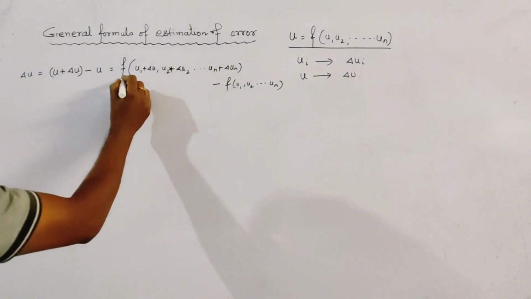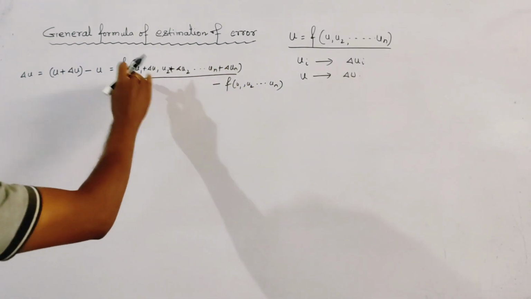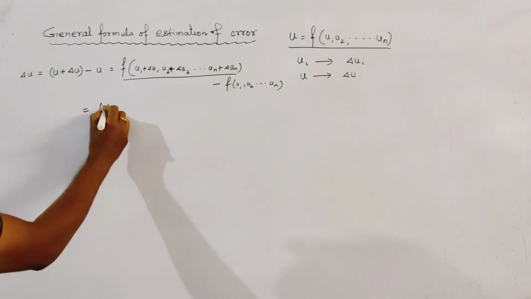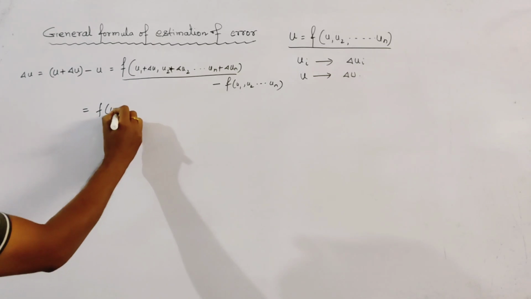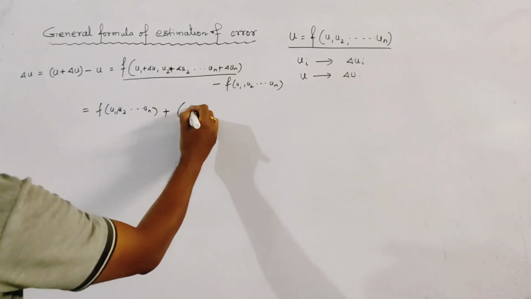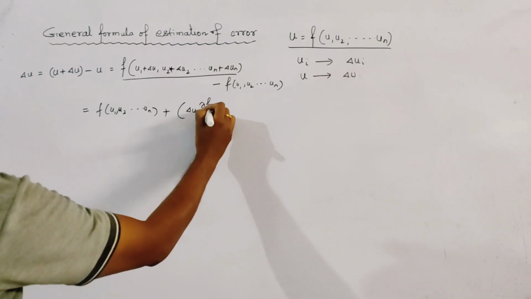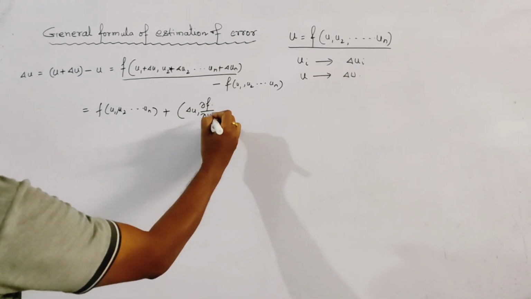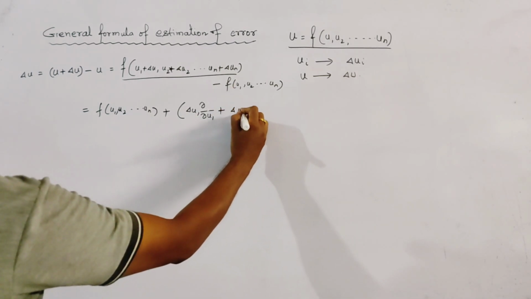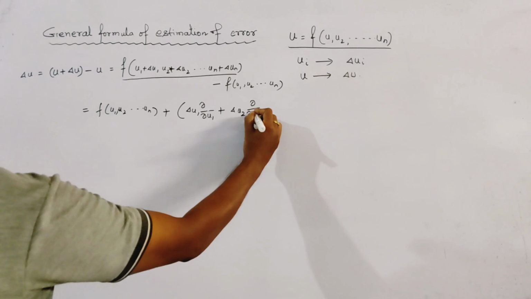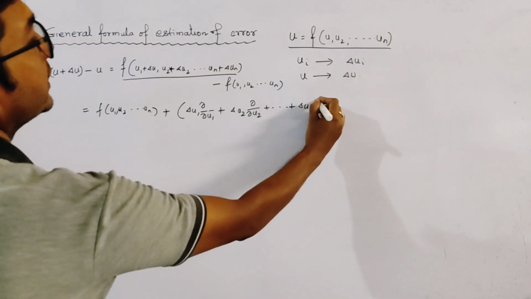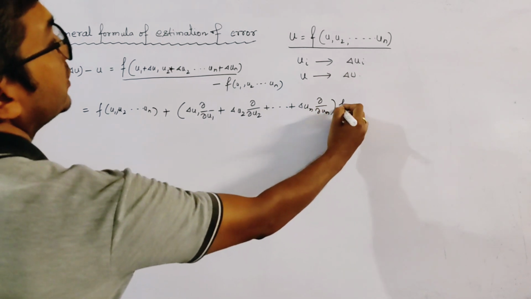Now we use Taylor's infinite series for n variables. The first term is f of u1, u2, to un, and the second term is delta u1 into del f by del u1 plus delta u2 into del by del u2, to delta un into del by del un, into f.